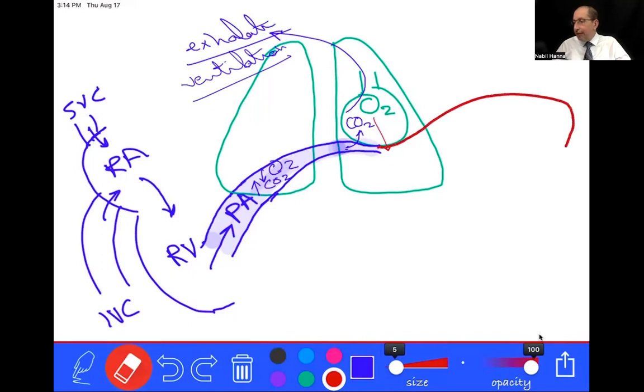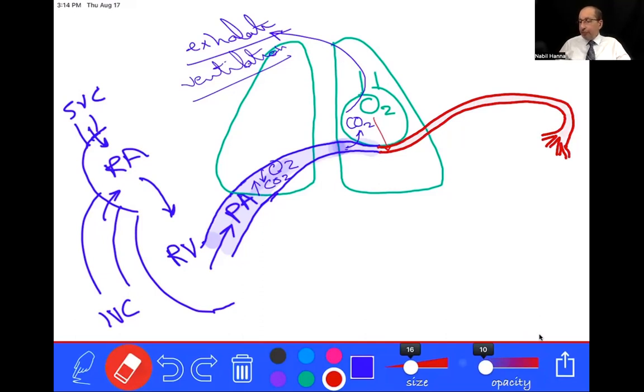And this blood will return to the left side of the heart via 4 pulmonary veins. And again, we call them veins because they take blood back to the heart. So the pulmonary veins carry red blood, oxygenated blood, to the left side of the heart.